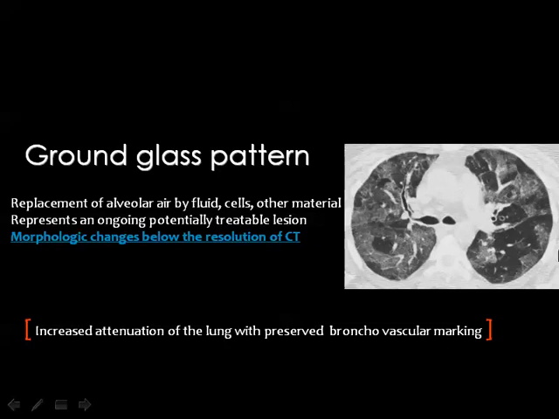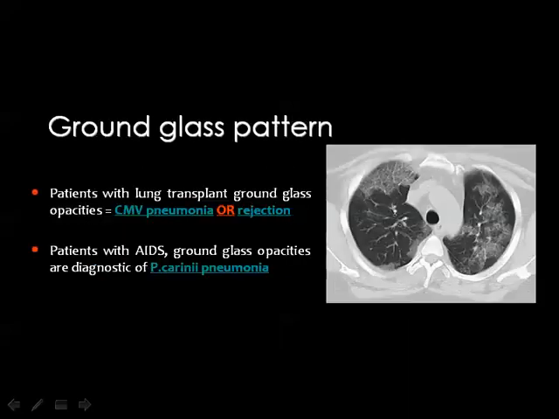But if you look here, then you have many patches in the lung representing areas of ground glass pattern. Then, what do you think these areas represent? You do not know. You should correlate with the clinical picture of the patient in order to reach a specific diagnosis. Previously, they thought that whenever a patient had a ground glass pattern, you look to the history.